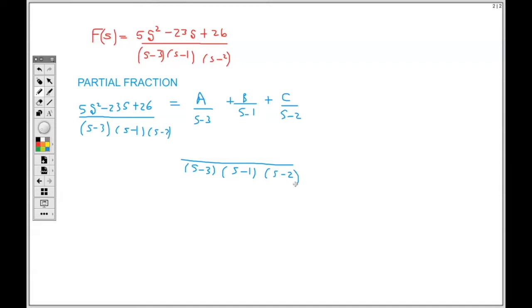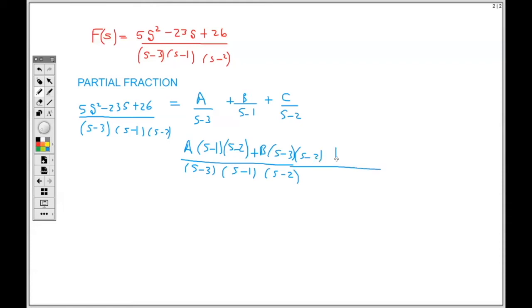Now, we're going to divide s minus 3 into all of what I have here. The s minus 3 cancel, and what I'm left with is s minus 1 times s minus 2, and I multiply by the a in the numerator. Same case, s minus 1 into all of this, it cancels the s minus 1, so multiplying b by what is remaining, I will have s minus 3 times s minus 2 multiplied by the letter b.